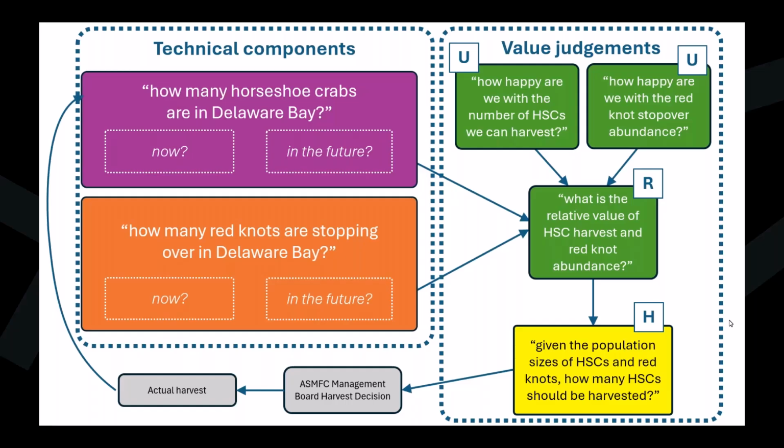Just to reiterate, what we're talking about here are the components on the right side: the utility functions for red knots and horseshoe crabs, the reward function, the R there, and then the harvest policy functions labeled H. And so all these things are completely or somewhat informed by values. And so that's why they're grouped together on the right side there.